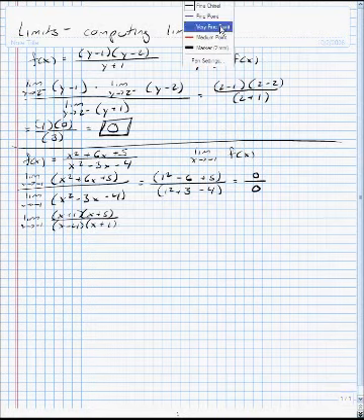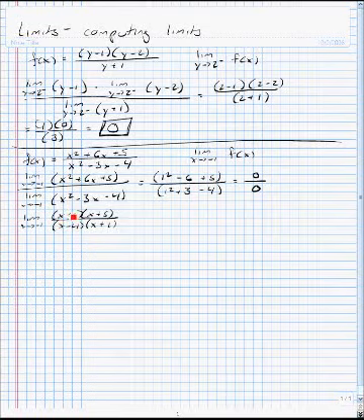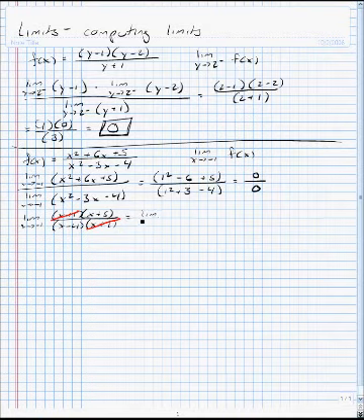Now, if you notice, we have a similar thing at the top and at the bottom. We can cross the two of those out, and now all we have is the limit as x approaches minus 1 of x plus 5 over x minus 4.